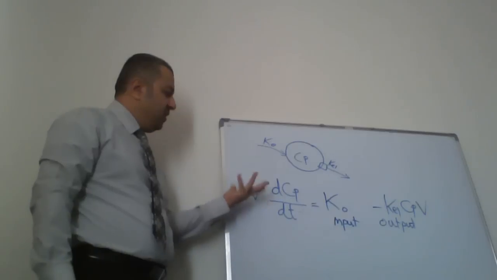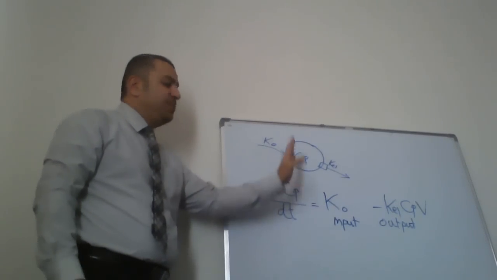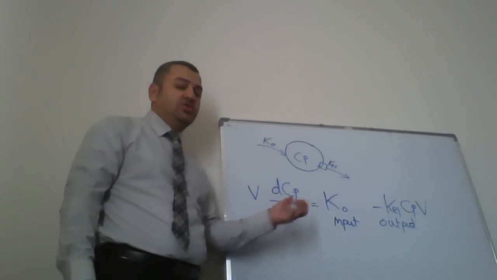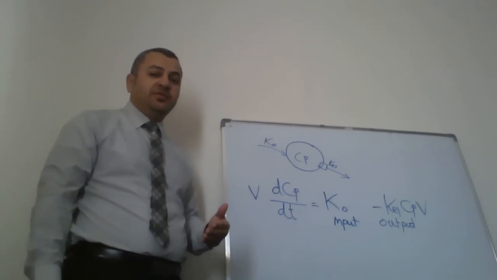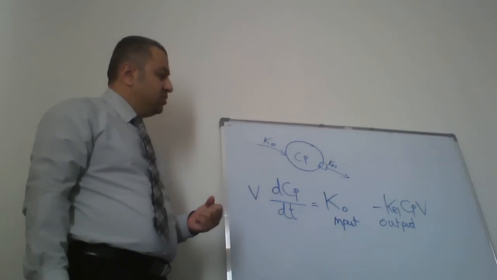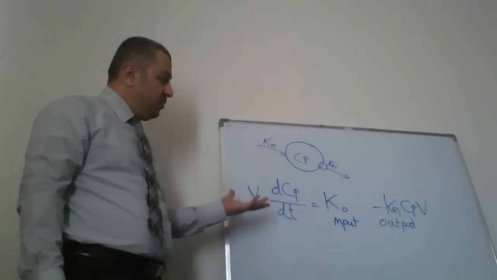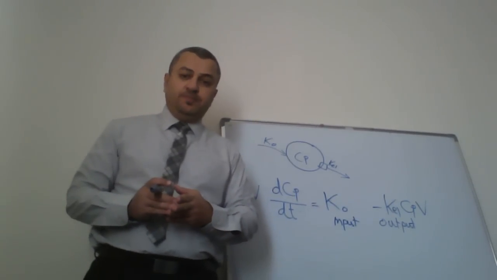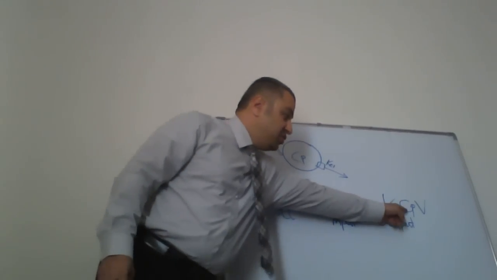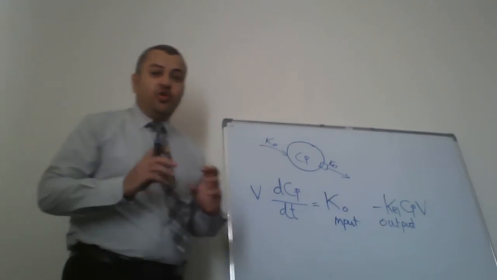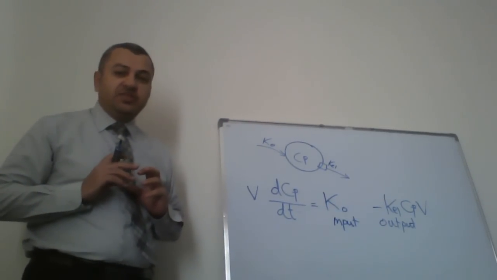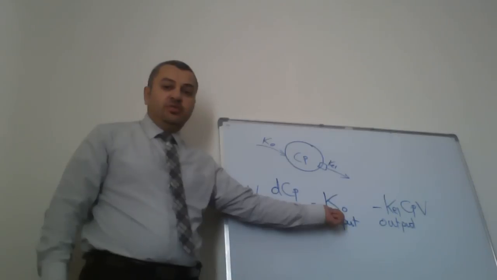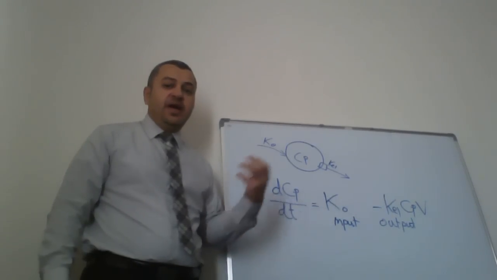The only thing here is we are talking about amount per time instead of concentration per time. You will notice that at time zero there is no concentration at all. So what is happening at time zero is you are adding drug by K0, which is the rate of infusion.